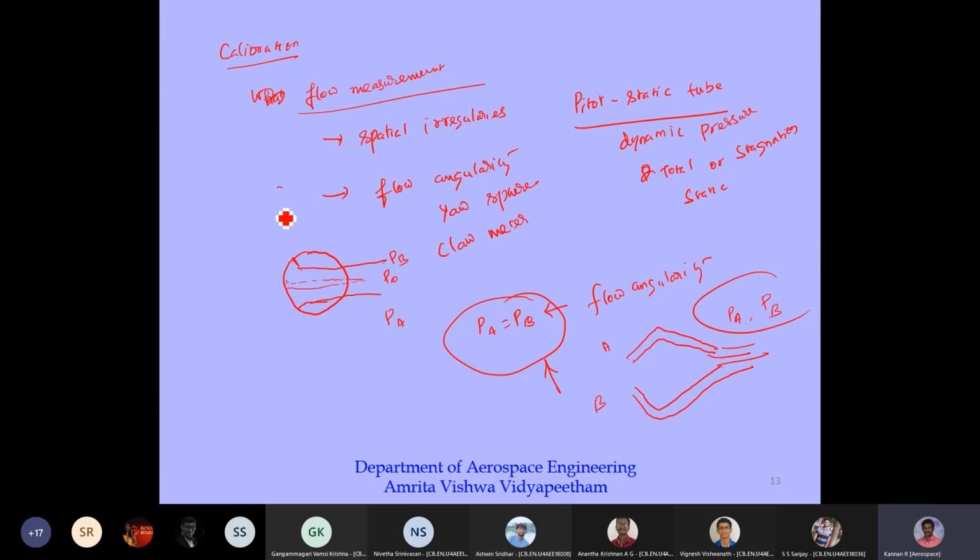So using this flow angularity, we can measure yaw as well as pitch.